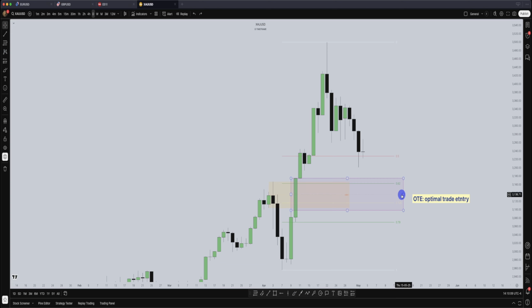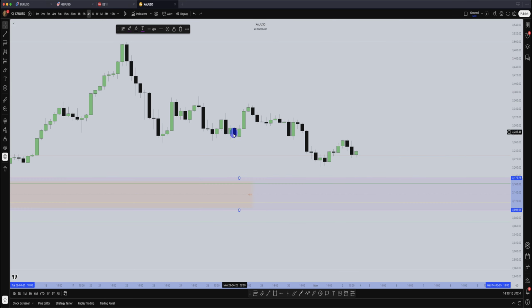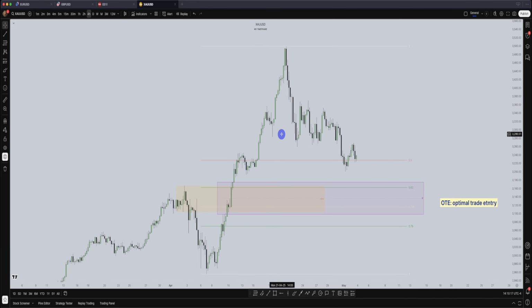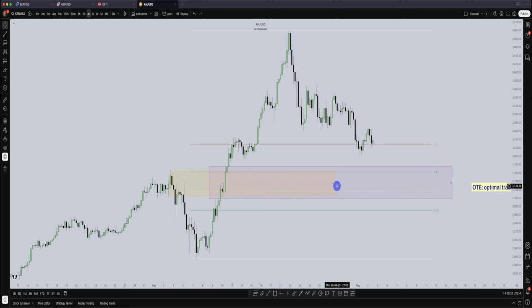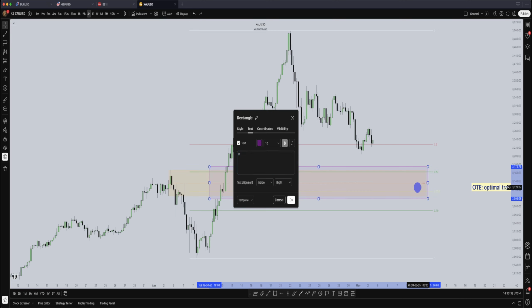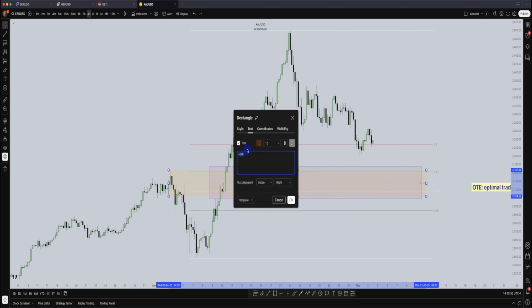Okay, so we have a daily fair value gap, a breaker, which in the 4-hour time frame is a bit more accurate. I will take these two upper candles. So we have the daily fair value gap, the breaker. I'll put the 4-hour breaker.